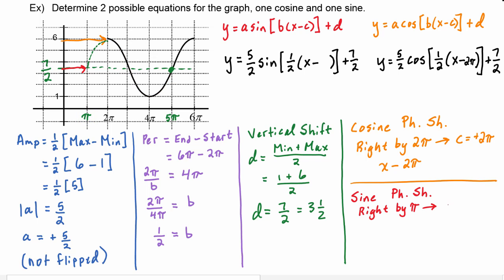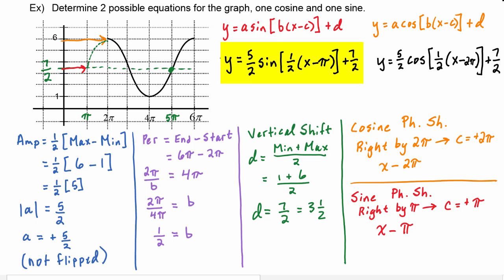Since it's going to the right, that means C has to be positive pi, and when we write it in our argument, it looks like x minus pi. So we can come up here to the sine equation now and fill in the value for C.